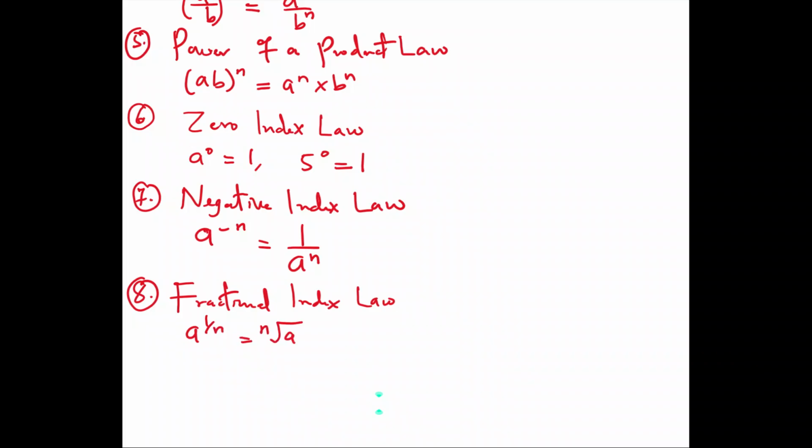That is the same thing as the nth root of a. And if we have a raised to power m over n, we take the nth root of a, and that is raised to power m.